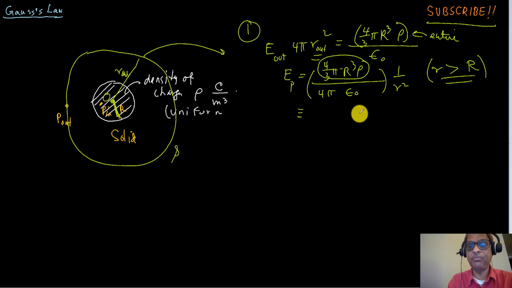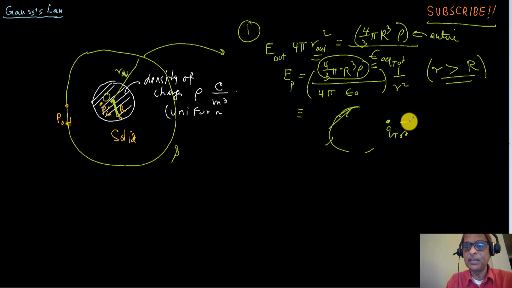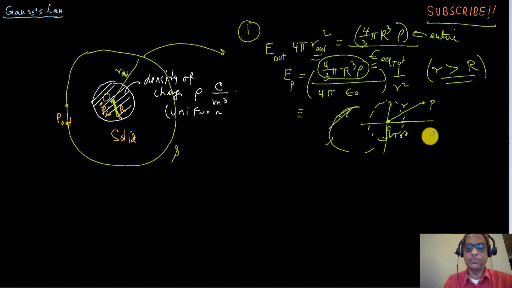So this is the same formula as if the Q total was placed at one point, and the point P was a distance r out. It doesn't matter what the sphere size is, as long as this point P is outside.